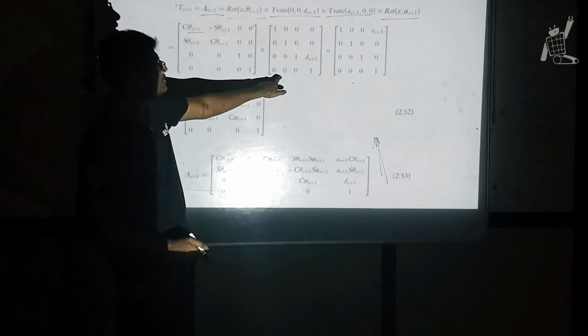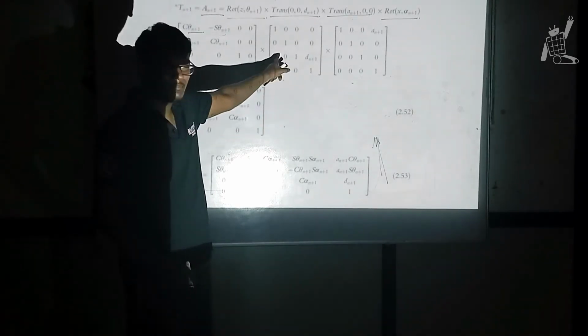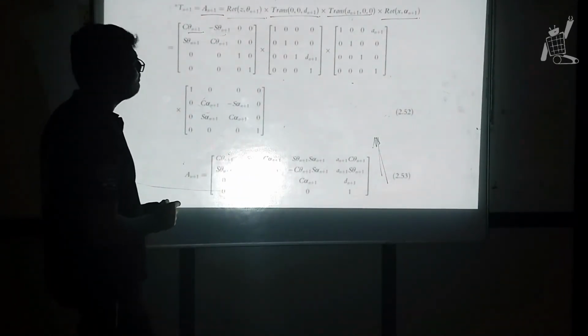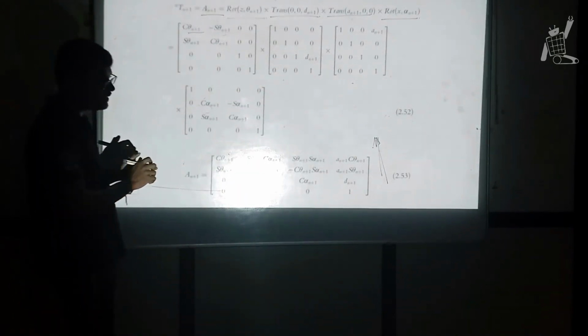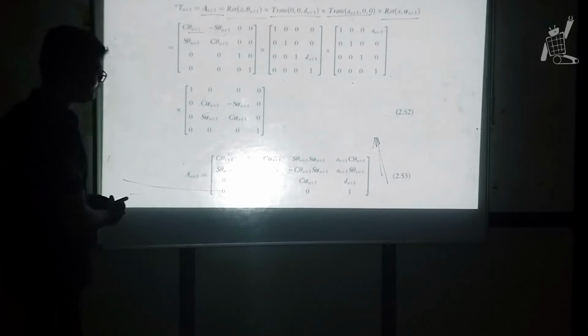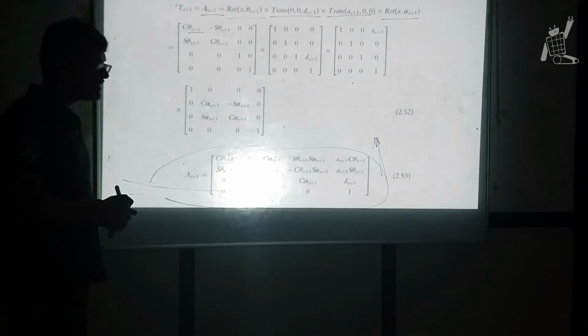This is the translation along the z axis, so 0 0 dn plus 1. Next will be translation along the x axis, an plus 1, like that, and the other will be rotation about the x axis, rotation x, here the angle is alpha n plus 1. So multiplying all these matrices, you will get a matrix like this. This matrix we need to know. From the exam point of view, you need to learn it by heart.